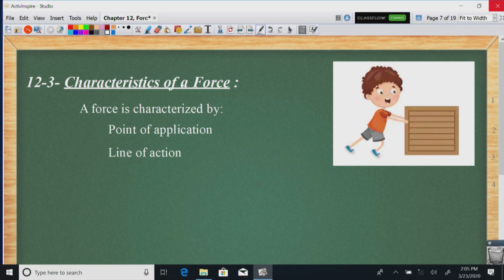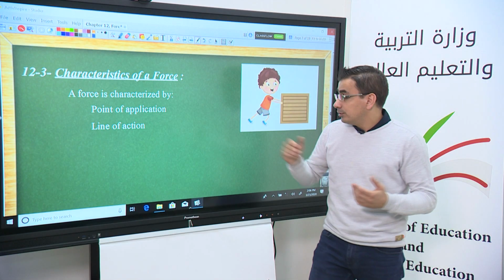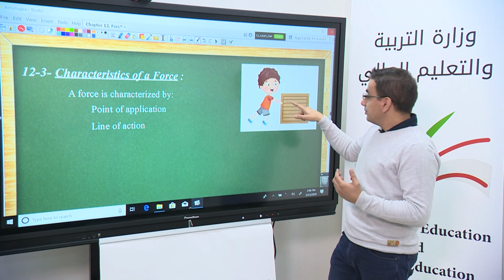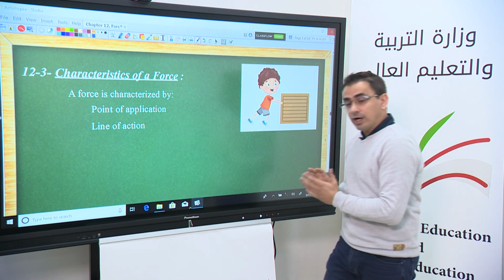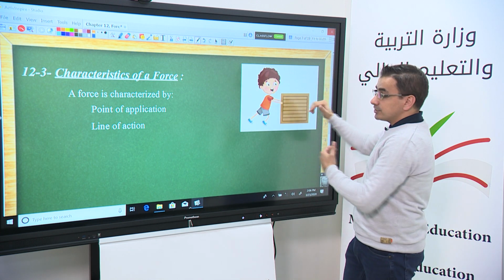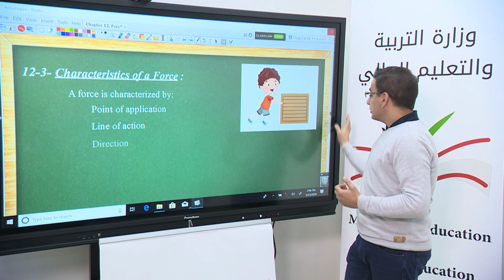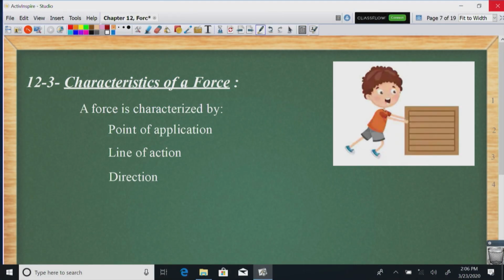The second is the line of action. We will talk about it in a bit, because linguistically we might use it for something else. The line of action is the line or the direction, the line over which we apply the force. For example, here this boy might be pushing the box like this. So we say that the line of action here is horizontal. We also can talk about the direction of the force.